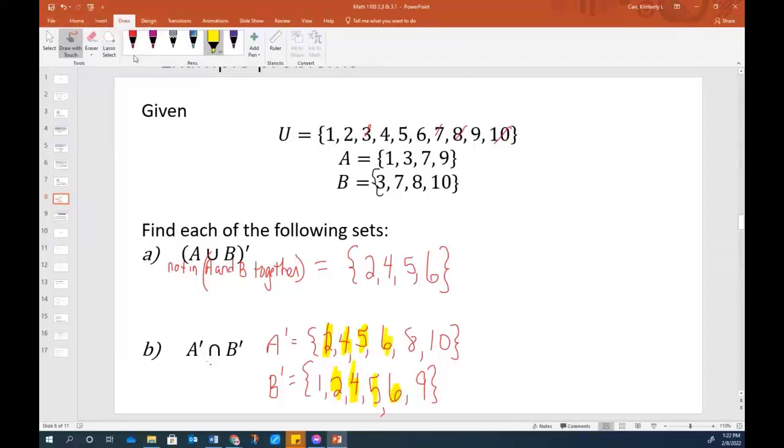Nothing else is the same in both of them, so it's not going to be in their intersection. So our final answer for this one then will be 2, 4, 5, and 6. Those are the ones that are in what's not in A and what's not in B.